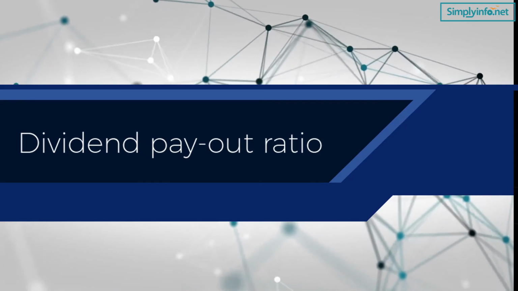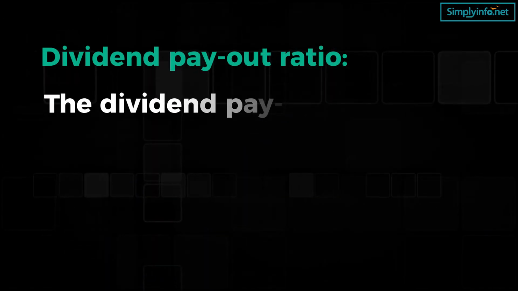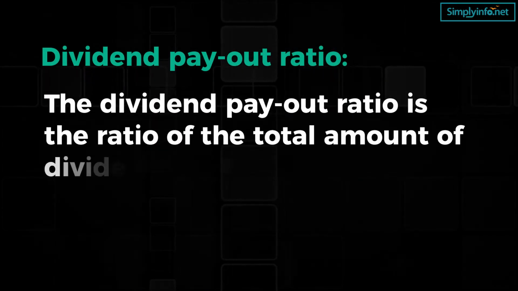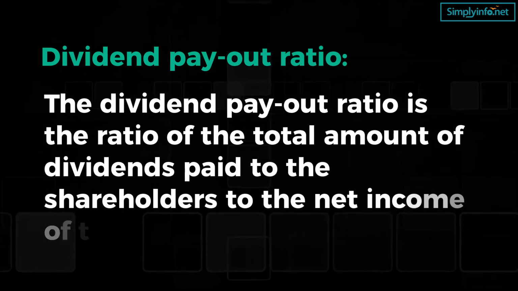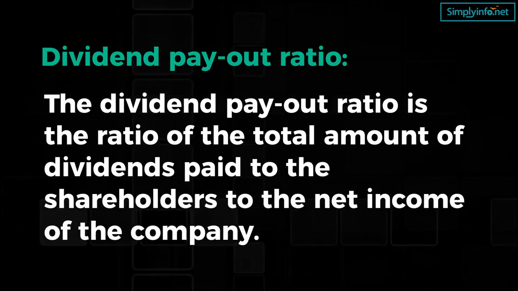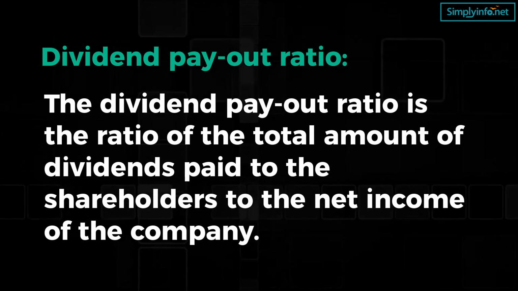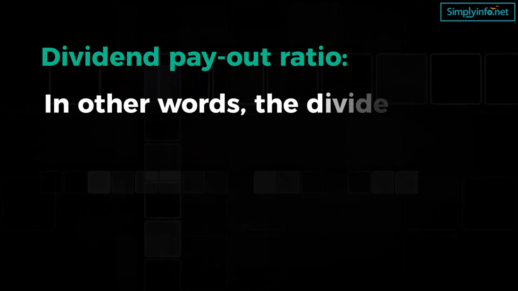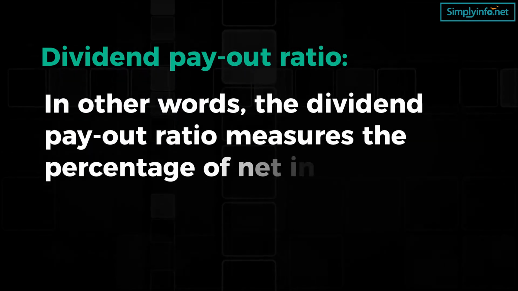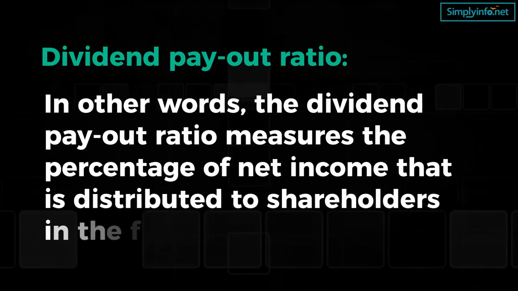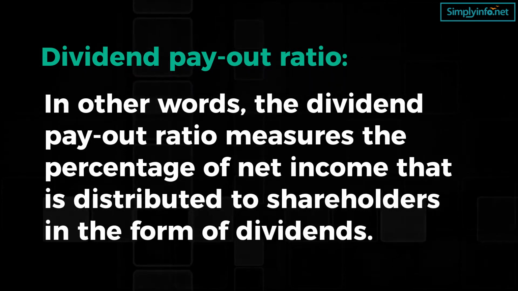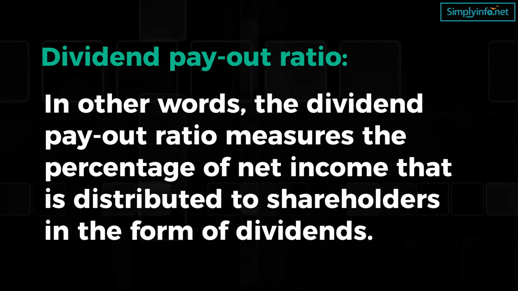Dividend payout ratio. The dividend payout ratio is the ratio of the total amount of dividends paid to the shareholders to the net income of the company. In other words, the dividend payout ratio measures the percentage of net income that is distributed to shareholders in the form of dividends.